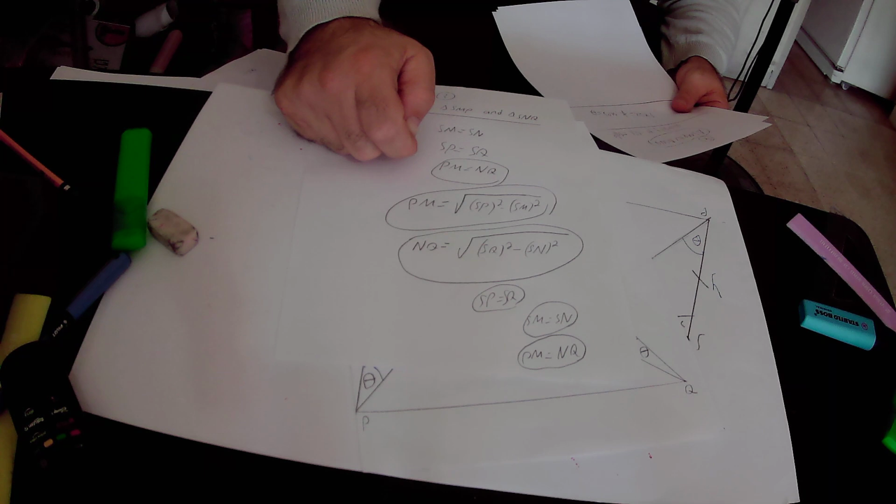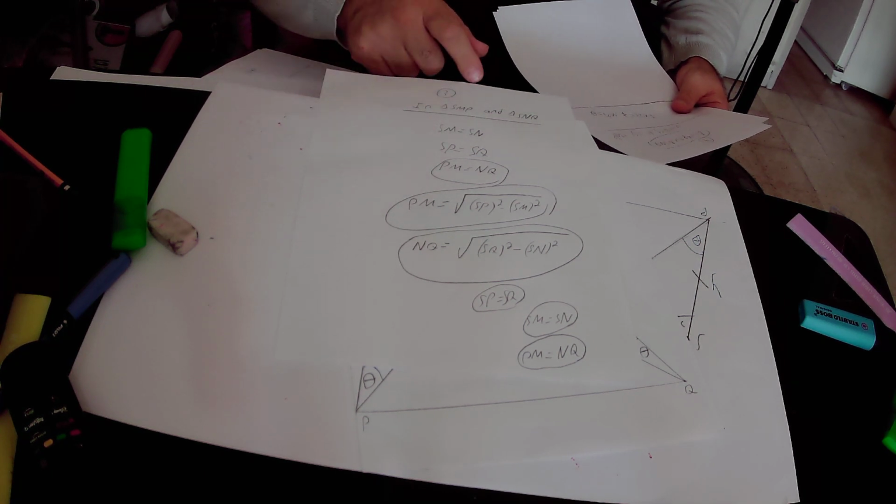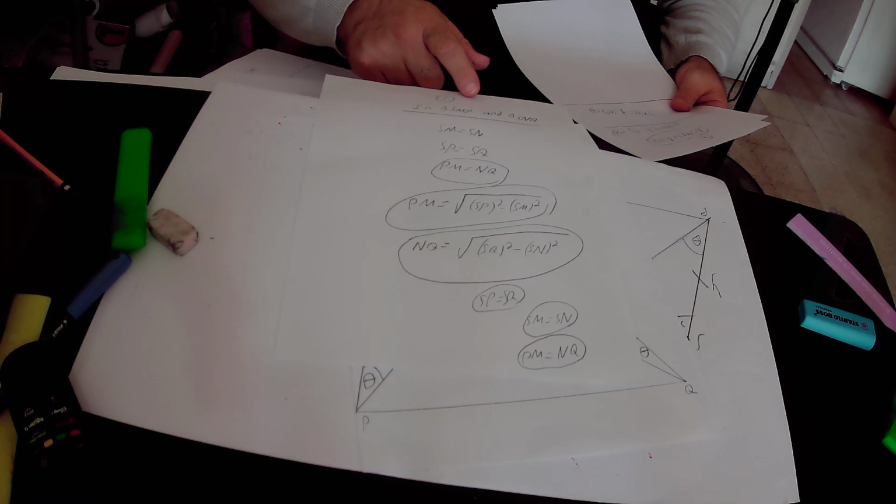Okay, we actually proved that the third angles in both triangles are also equal to each other.